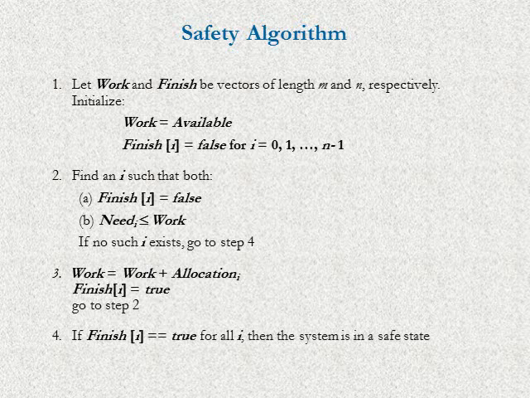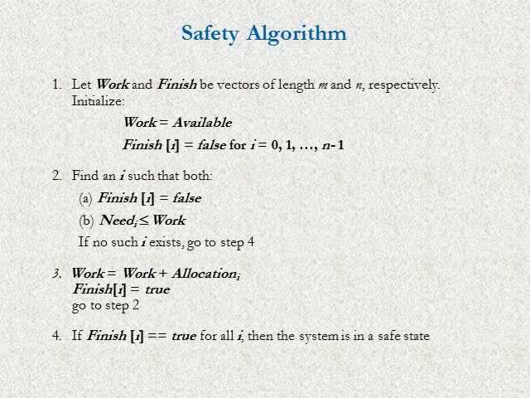We find out some process where the need of the process is less than the available resources in the system. So, do we have a process having less requirement or less value in the need matrix than the available? If we have some process that satisfies this criteria, then we allocate those resources to it and we can assume that this process has completed its execution.